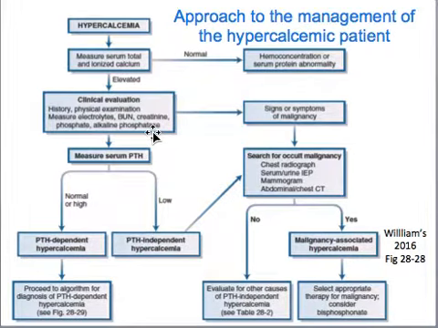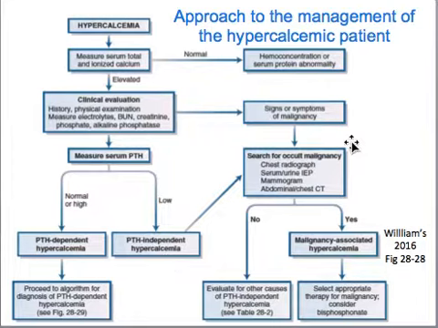And then, in order to determine whether this is PTH dependent or PTH independent, we measure serum PTH. If the serum PTH is low in the light of hypercalcemia, then we say it's appropriately low. The hypercalcemia is suppressing PTH, and this is what we call PTH independent hypercalcemia.